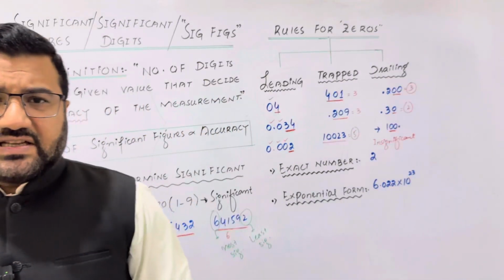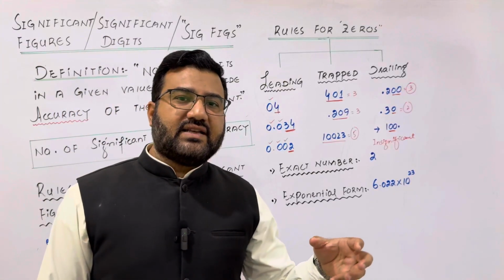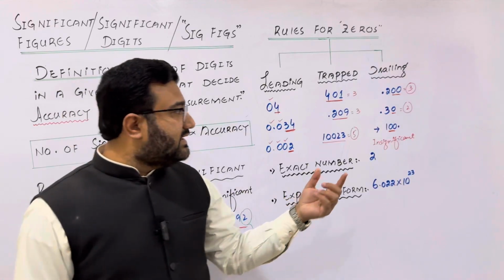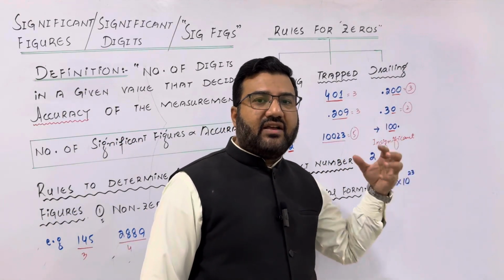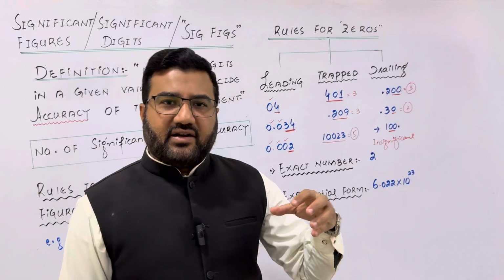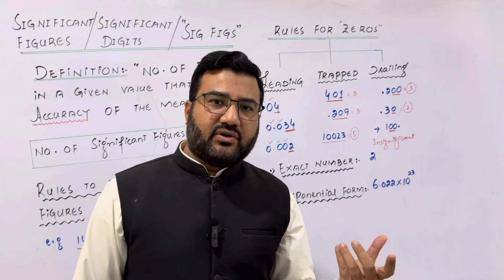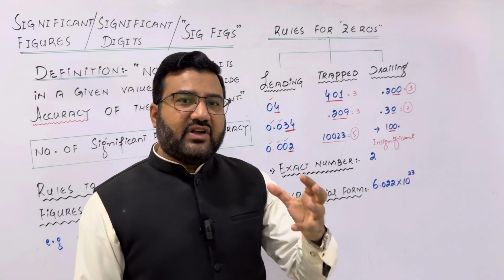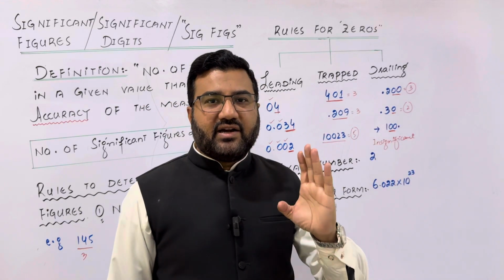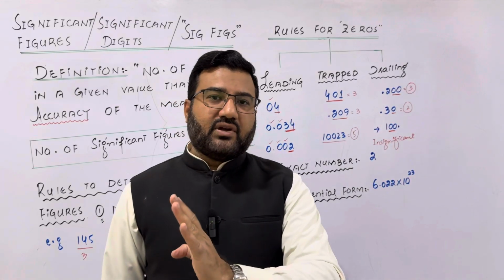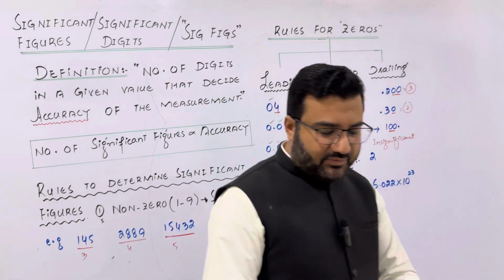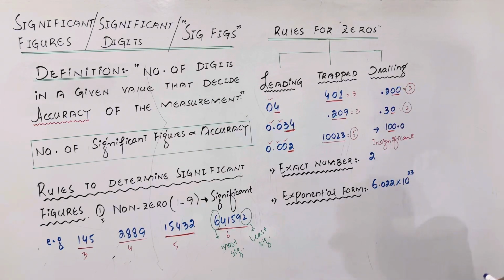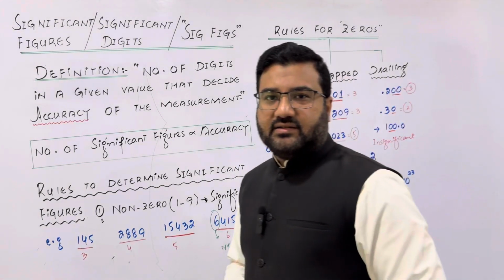Why? Because if a student comes to me and says that the value of the result he has calculated from an experiment is 100, I will have some doubt in my mind that it may be approximately equal to 100, maybe not exactly 100. So there will remain some uncertainty in my mind and even in the mind of the student who calculated this value. But if I place a 0 here, now I become somewhat certain.